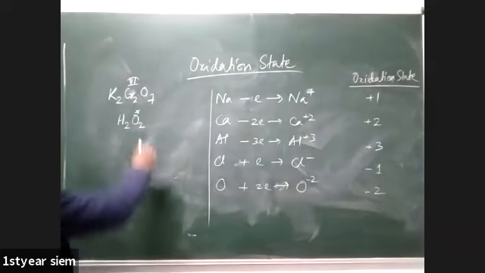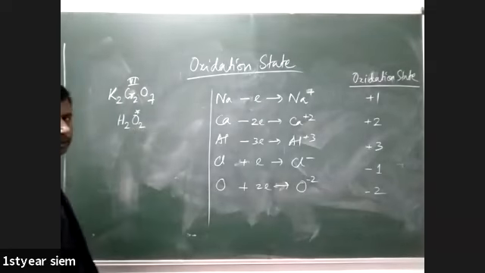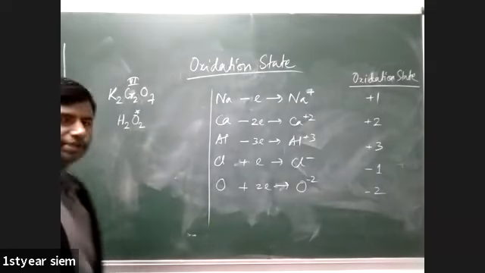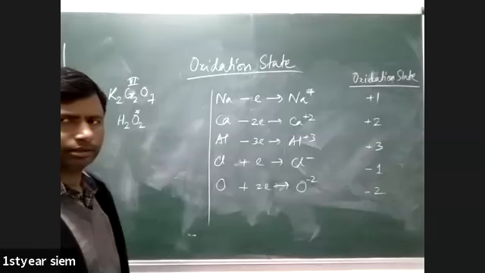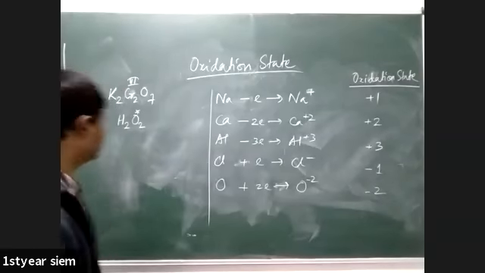So, if this is X, what is the oxidation state of hydrogen? It is always plus 1.